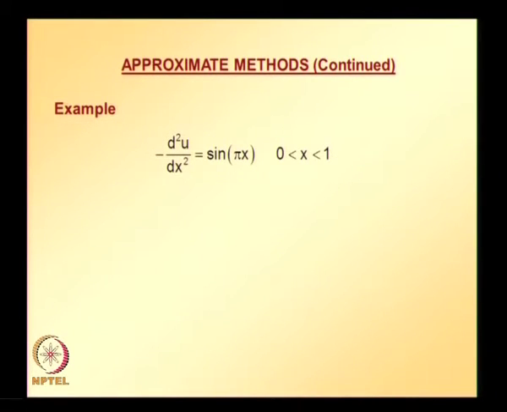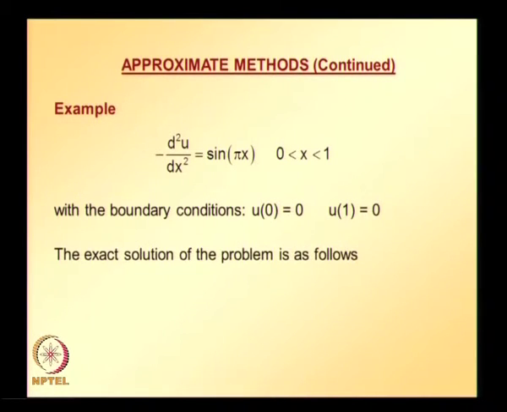So this is the second order differential equation that we have taken, which needs to be solved over the domain x going from 0 to 1, subject to the boundary conditions. This problem can be solved exactly, and the exact solution is this one. We noted all this in the last class, and now our objective is to find an approximate solution to this.